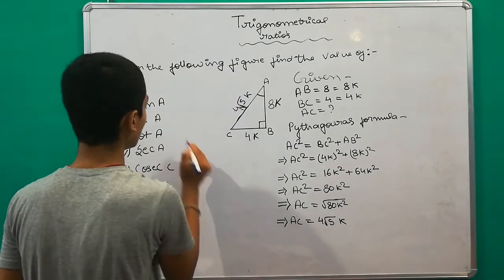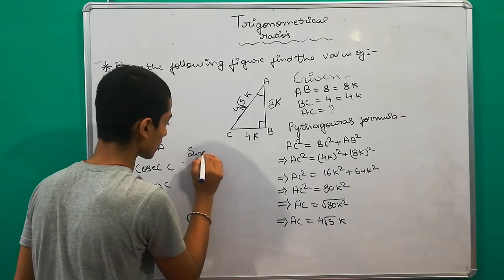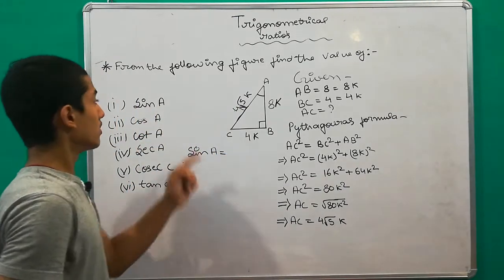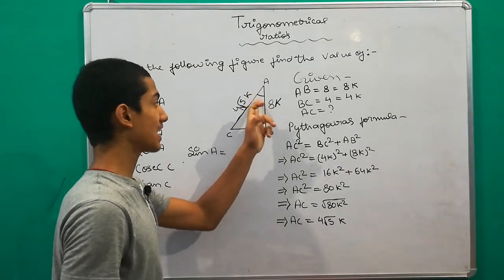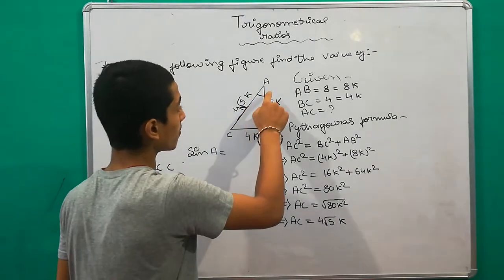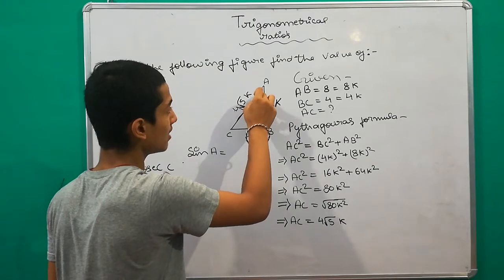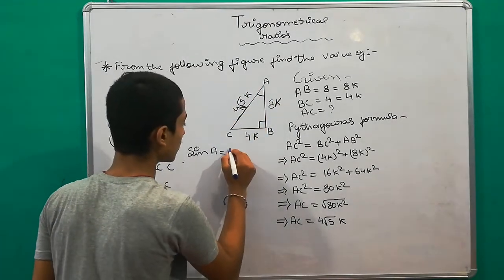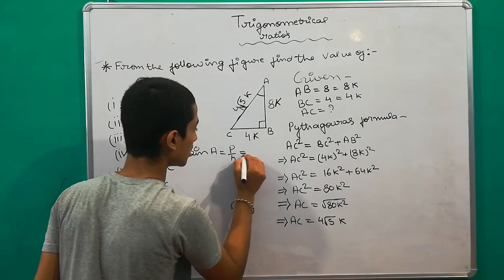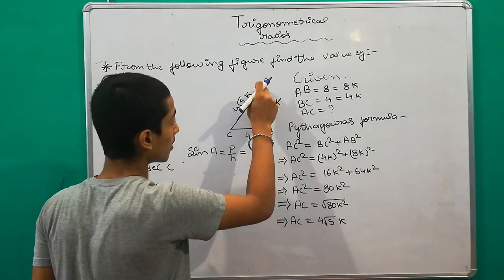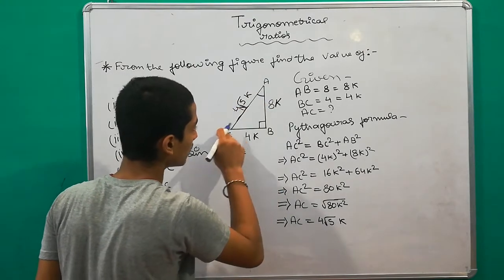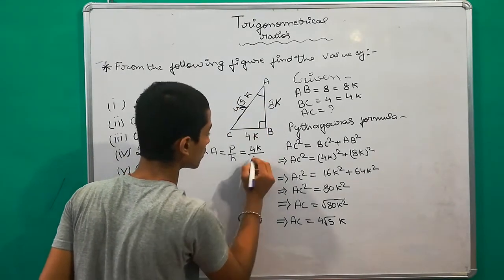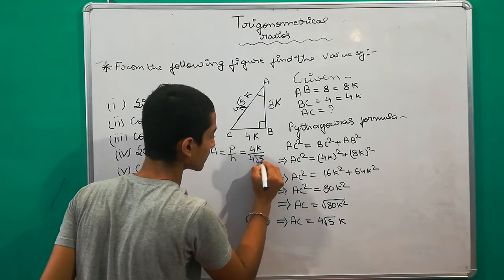So first we have to find sine A. Friend, here why is sine A given? This is because we have to find sine by taking angle A. So sine equals P by H equals, according to angle A, perpendicular is BC, so we will write 4K, and hypotenuse is 4 root 5K.